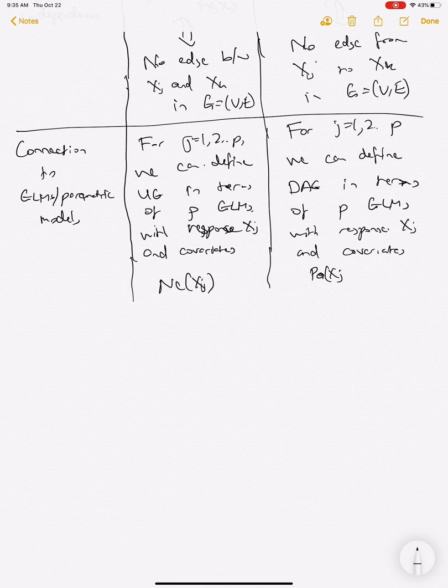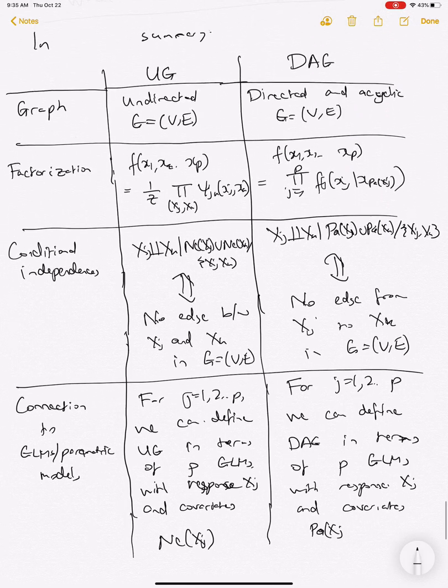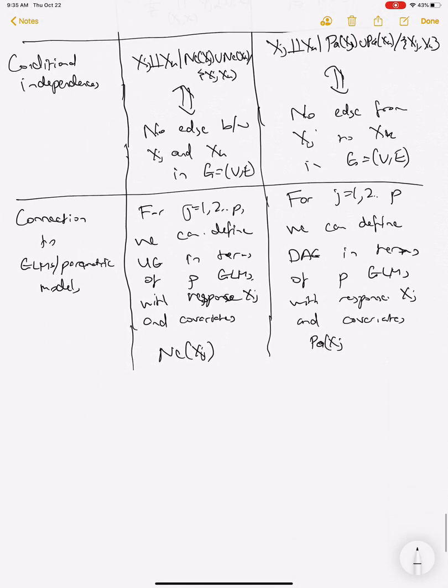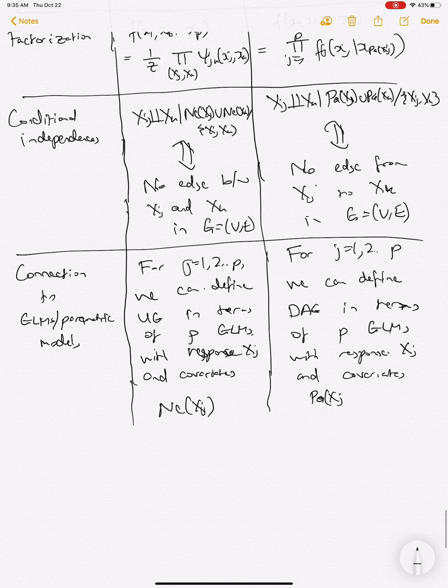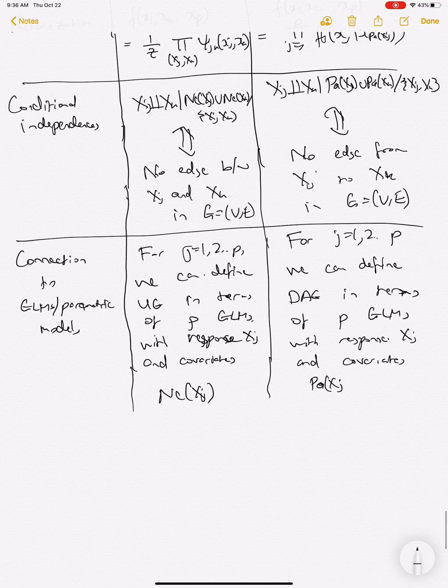Okay, and that's going to be very useful when we use these models and try to do some inference with these. So this is just a useful table to keep in mind the differences and similarities between undirected graphical models and directed acyclic graphical models. And if anything's confusing there, feel free to reach out to me or come to office hours.